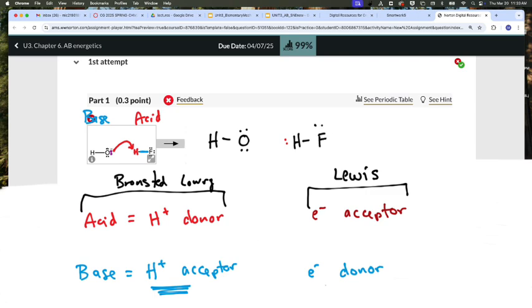H and then F. Right? What are you saying that arrow did? That arrow is now saying the transfer of electrons from one atom to another. Our arrows don't get to do that.